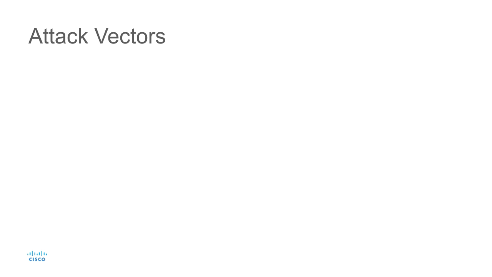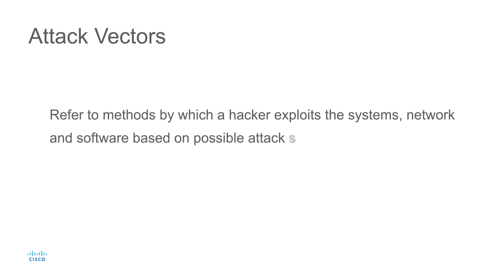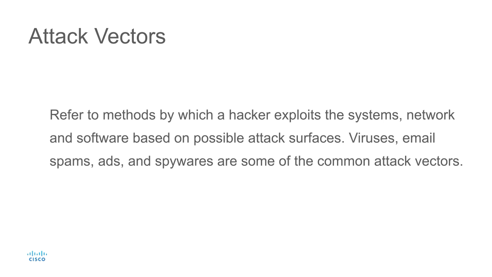Now, speaking of attack vectors, this refers to the method that an attacker is going to exploit. And this could be a means for them to exploit our systems or our network or our software applications. So we see viruses, we see email spam with malware attached, we see adware, and we need to be aware that, again, our methods of providing security are not foolproof.